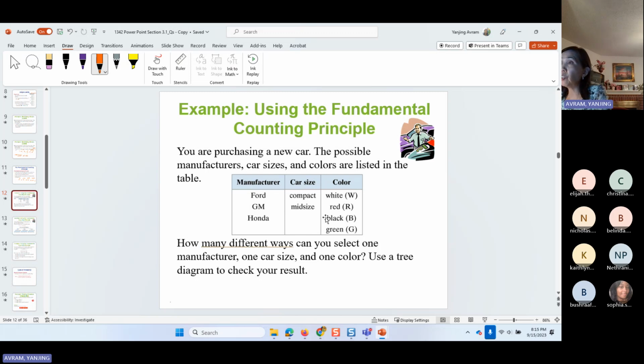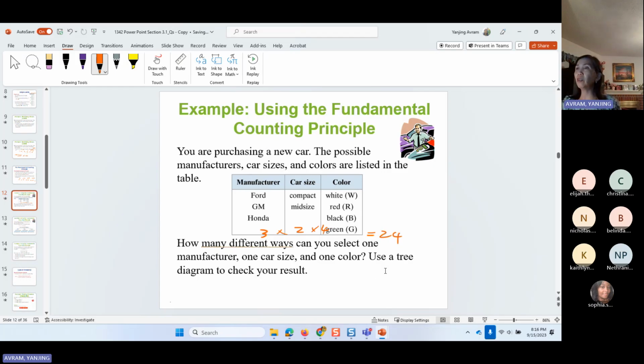So how many different choices do you have for your new car? All right. So the first one is 3. The second one, you have a 2, and then the color is 4. So you multiply all of these together. 3 times 2 times 4, that's 6 times 4, that's 24. Okay, so you have 24 choices.